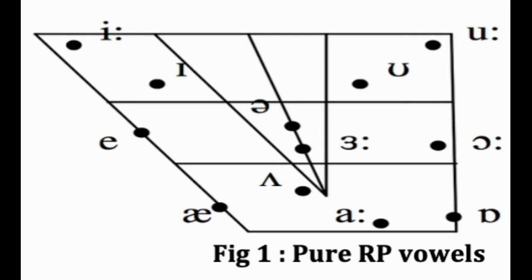By monophthongs we mean a vowel that stands alone. We can call them monophthongs, simple vowels, or pure vowels. The 7 short vowels are: I, like in the word hit.